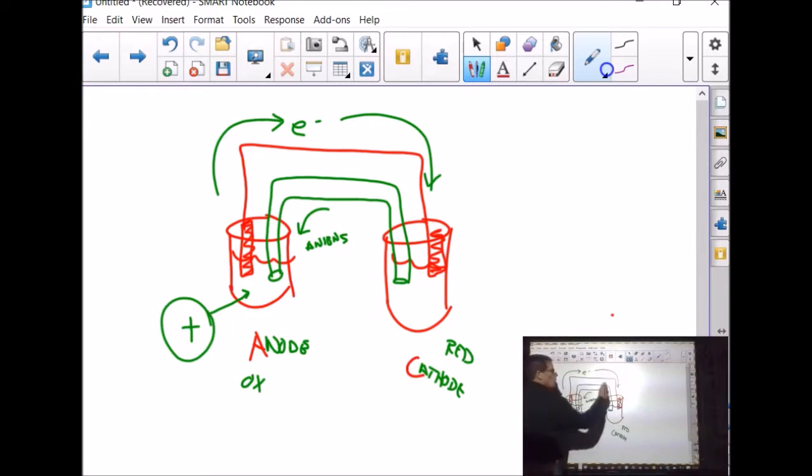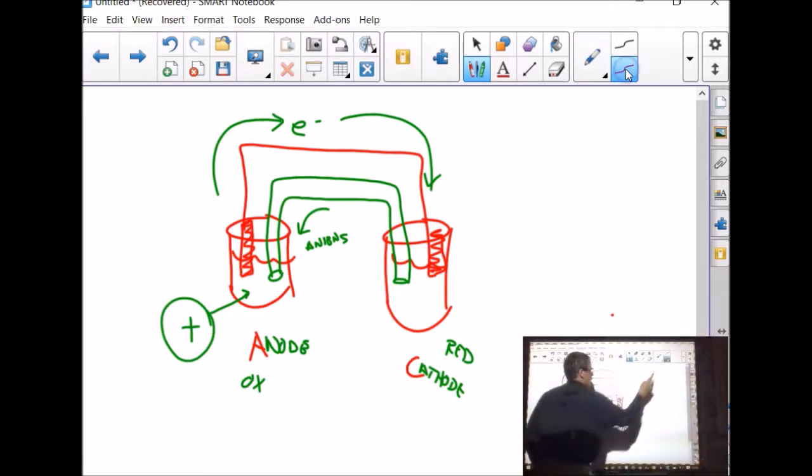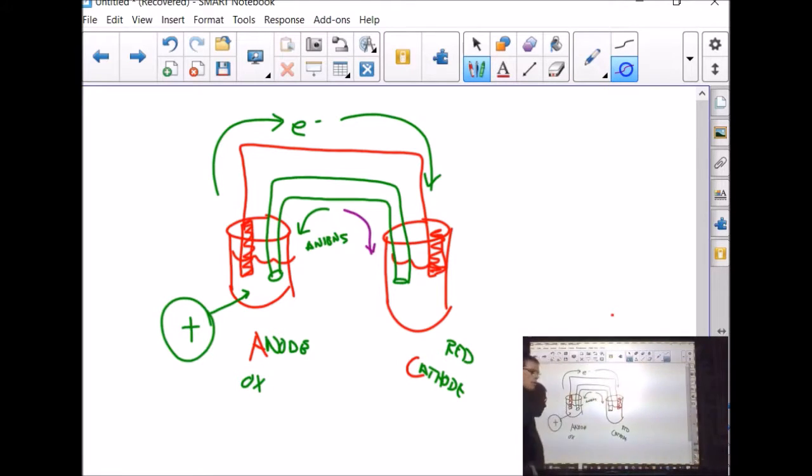So what type of ions do you think are going into that chamber? Cations. Yeah, the positively charged ions. And again, cations, cathode. The C's stay together. So there's a lot of things to help you remember how this is actually flowing.